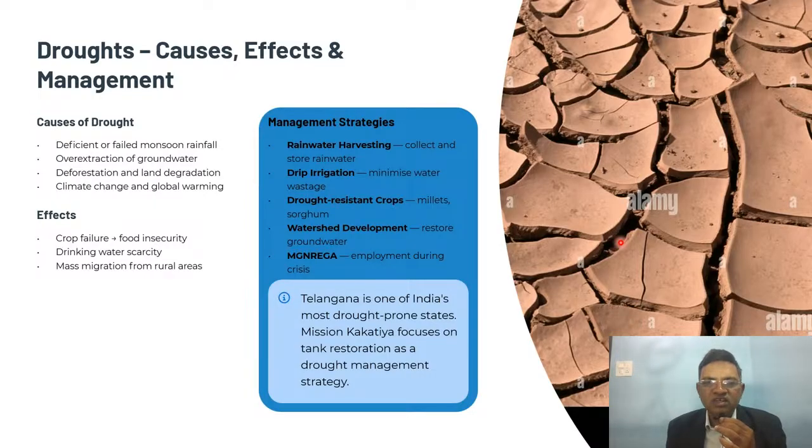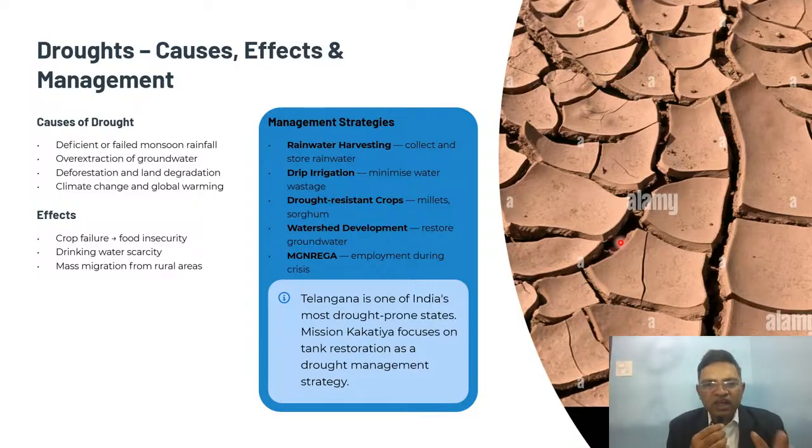Then drought resistant crops. Instead of using only rice and wheat, you have to use also millets and sorghum. Then watershed development, so restore groundwater. Then use the Mahatma Gandhi National Rural Employment Guarantee Scheme, okay, so that the employment crisis also vanishes away.